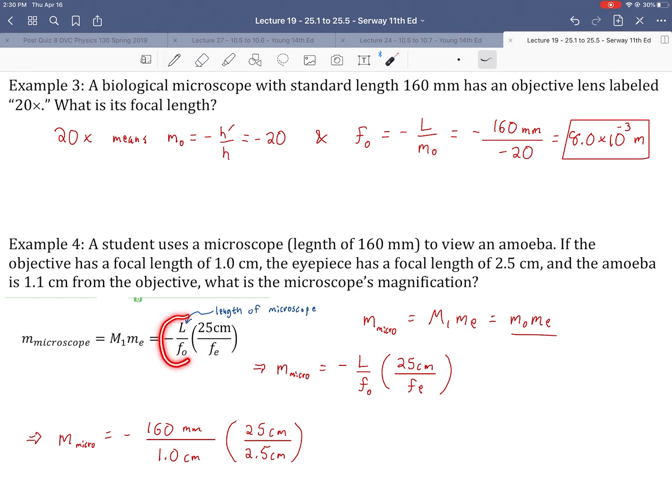Okay, so we're okay there. But I'm going to have to make a correction here, which I'll do my best to explain. So the objective magnification is going to be the image distance over the object distance. Okay, and we know the object is at 1.1 centimeters, and we know that the image is the distance of the image from the objective lens.